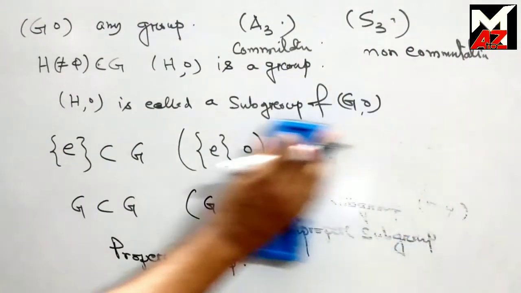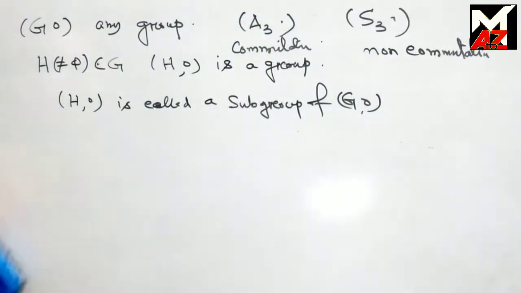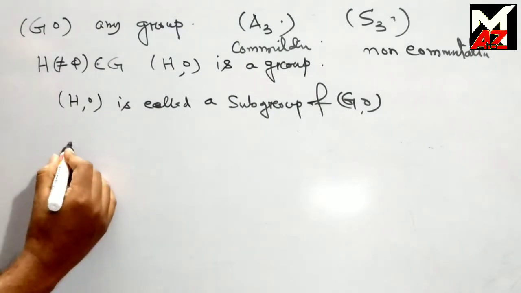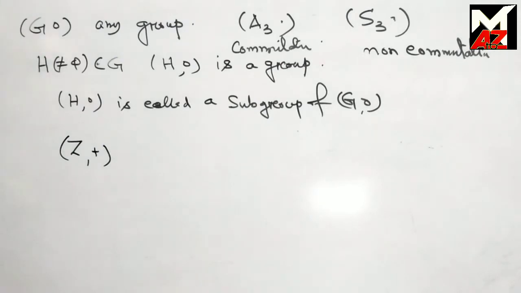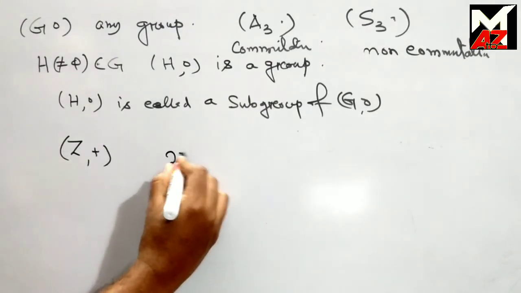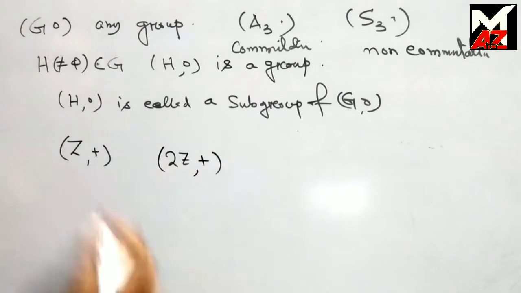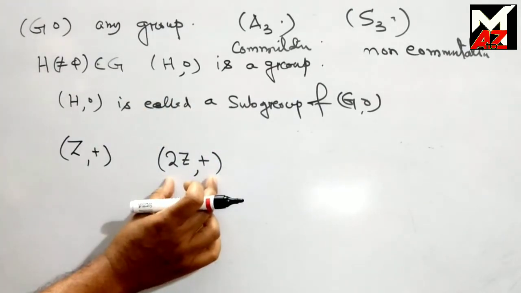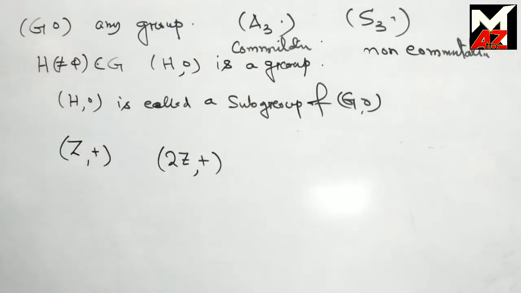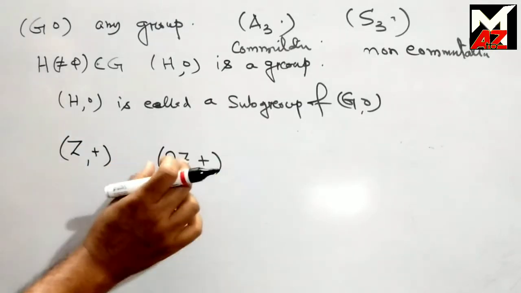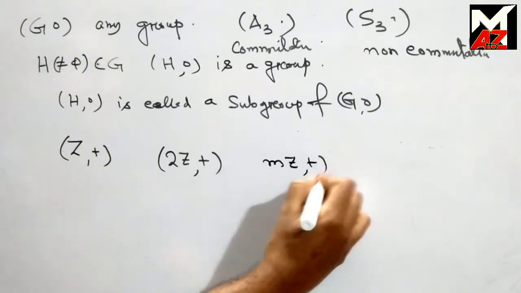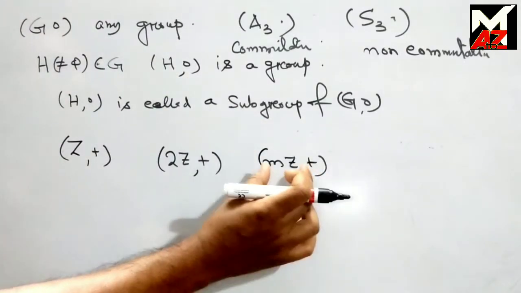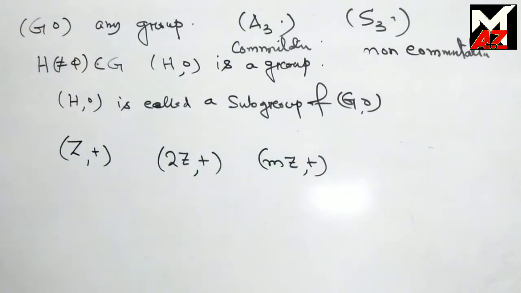There are many examples of subgroup, like Z plus is a group, and if we take 2Z plus, this is also a group. So this group is called a subgroup of Z plus. And not only 2Z plus, if we take MZ plus, these are all subgroups of Z plus.